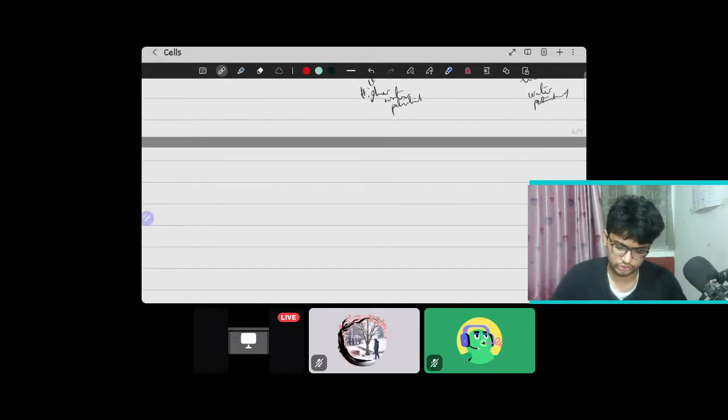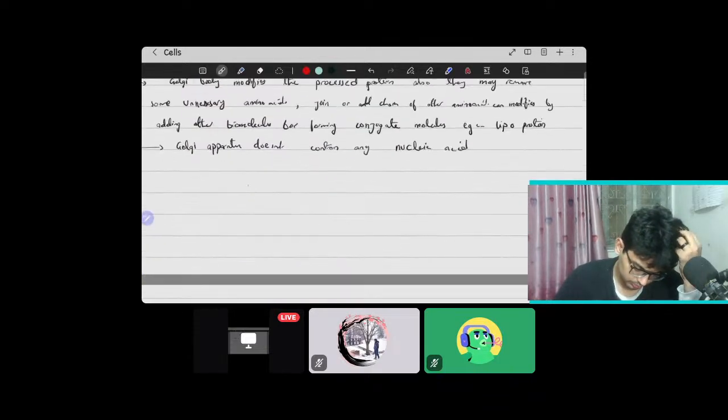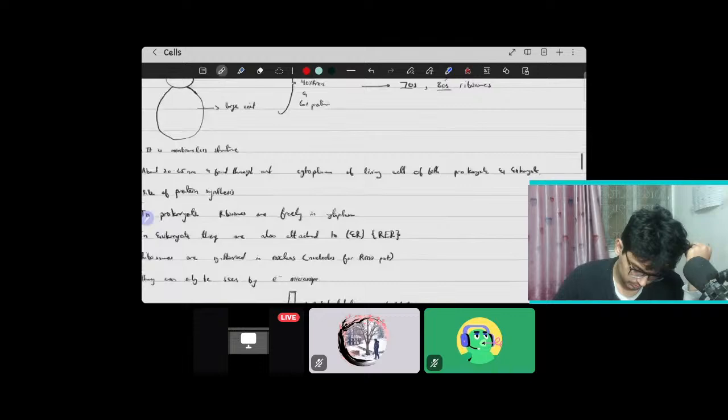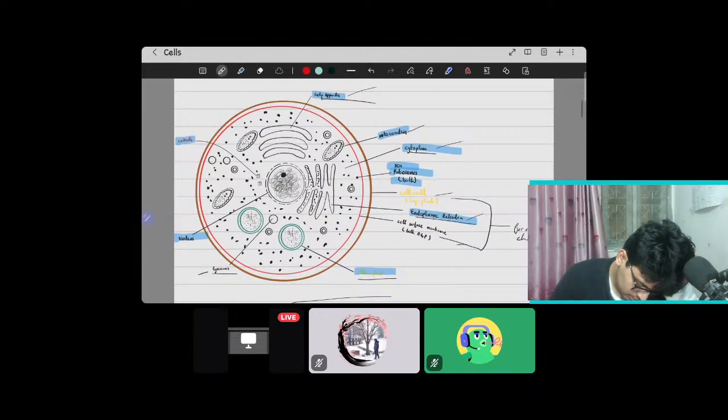So this was enough for the cell wall. The remaining part is going to be explained in the chapter of transport in plants.